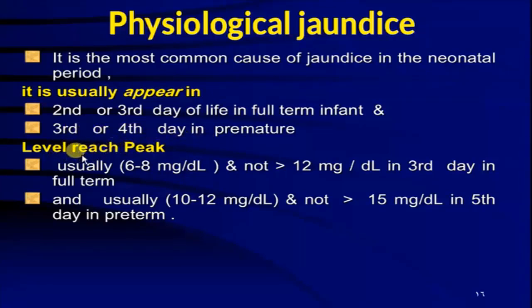The level reaches a peak, usually 6 to 8 milligram and not more than 12 milligram per deciliter, on the third day in full term, and usually 10 to 12 milligram and not more than 15 milligram on the fifth day in preterm infants.